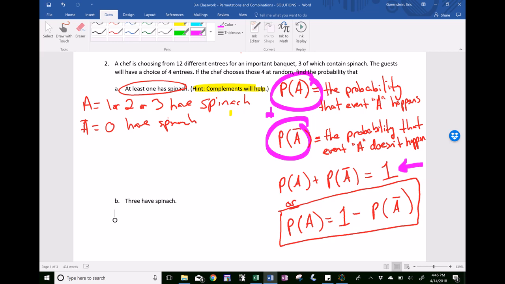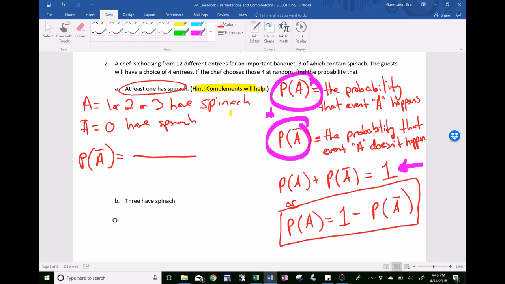Okay, so what is the probability that none have spinach? How many ways can we choose 4 entrees out of the 12 if none of them have spinach? So over here, probability of not A. By definition, probability is the number of ways this could happen.